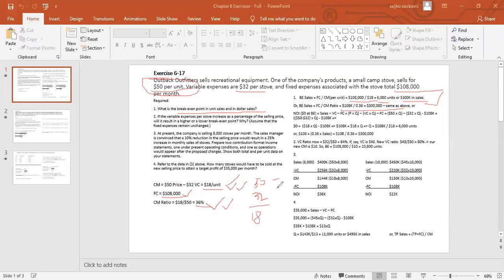Now, if your price is staying 50, and your variable cost increases to 40, which means an increase in percentage of the selling price, how much is your contribution margin? It's 10. Do you need to sell more units or fewer units? Well, of course, you need to sell many more units to break even, or for anything, many more units.